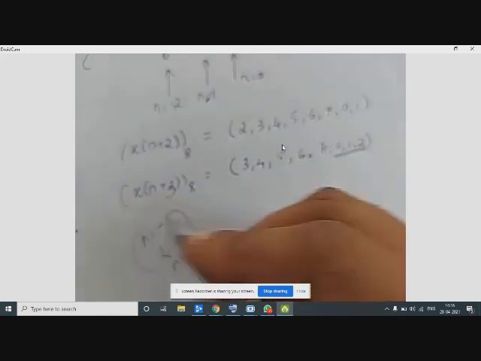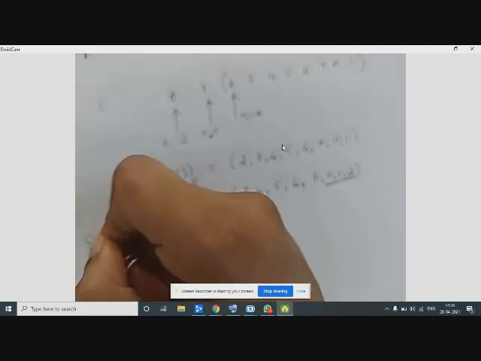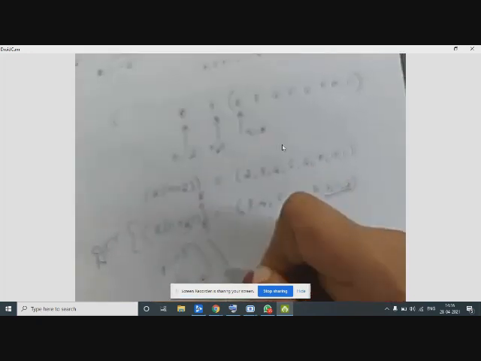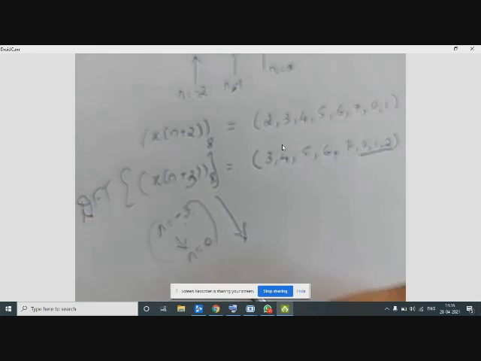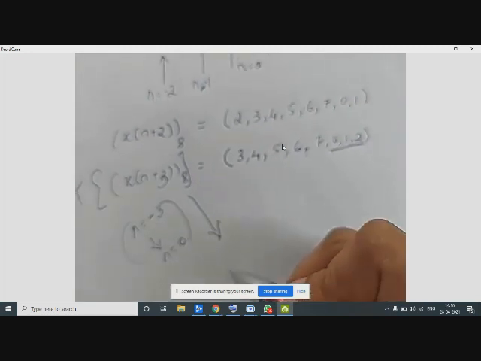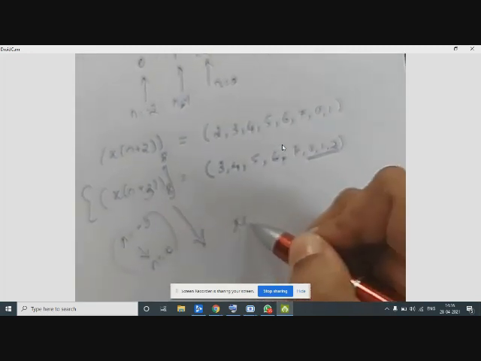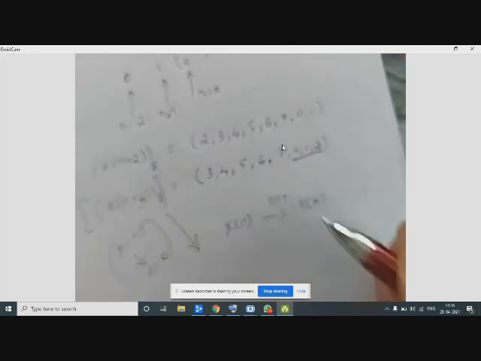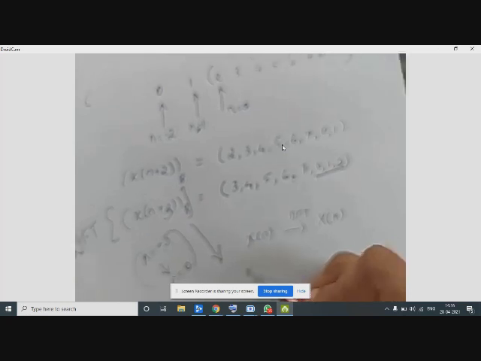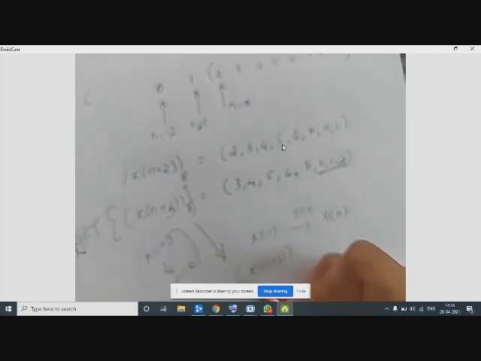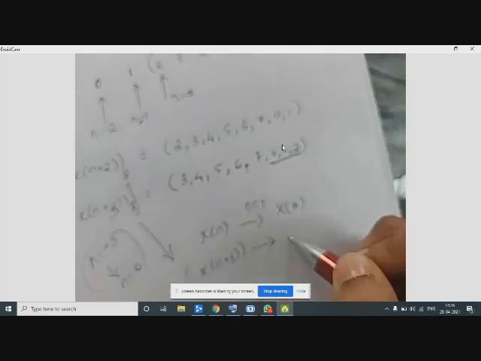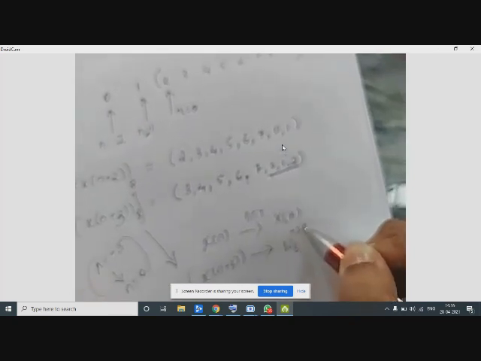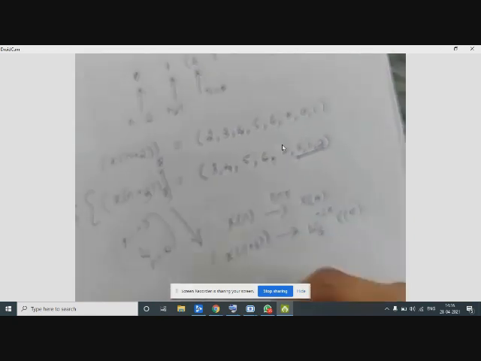So if I ask you to find the DFT of this, how will you find that? If x of n has DFT x of k, then for x of n plus 3, the DFT will be, according to the time shift property, W8 power minus 3k x of k.